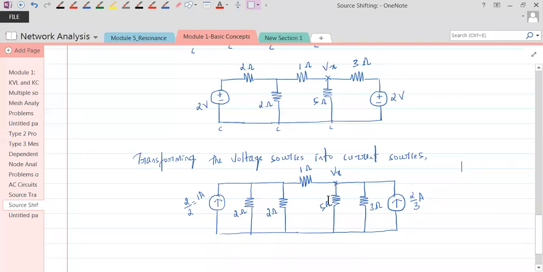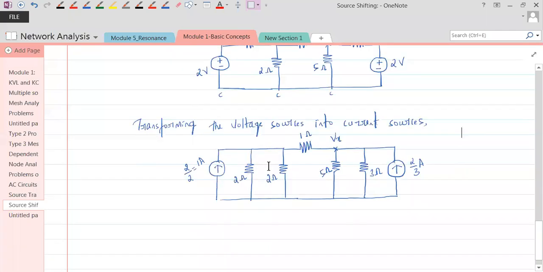If we combine 5 and 3 ohms, you will lose Vx. This is the voltage which is dropping across 5 ohms, right? So if you lose 5 ohms, you're losing Vx. So what we can do is we can combine these two, but cannot combine 5 and 3 ohms.